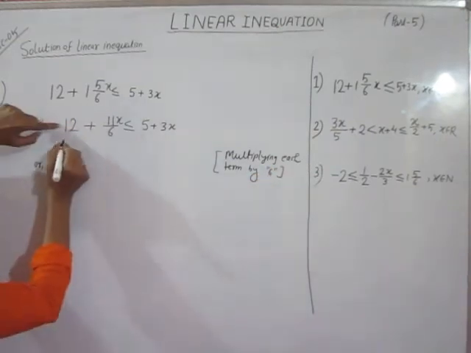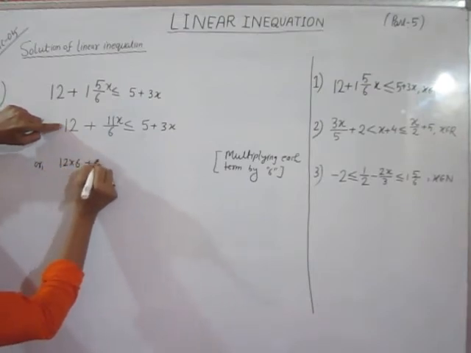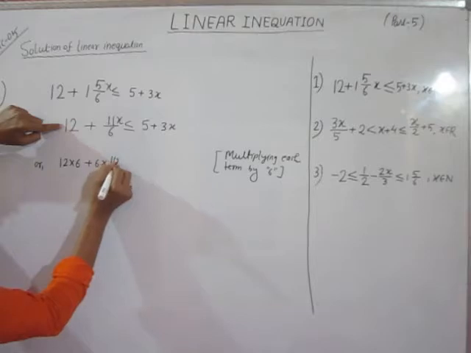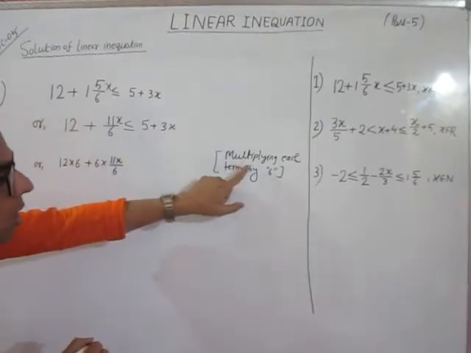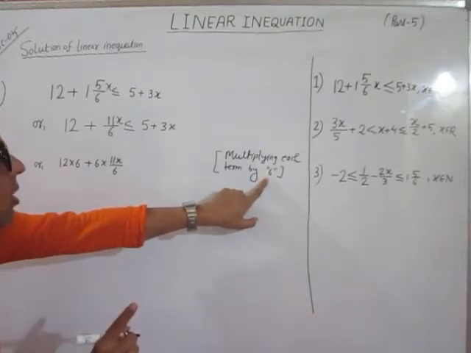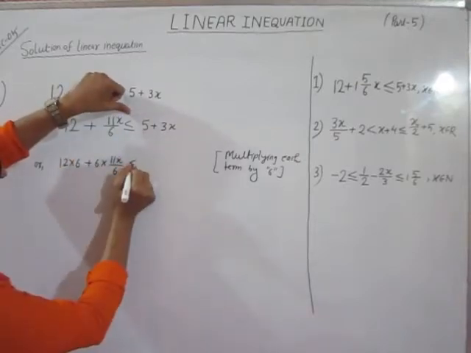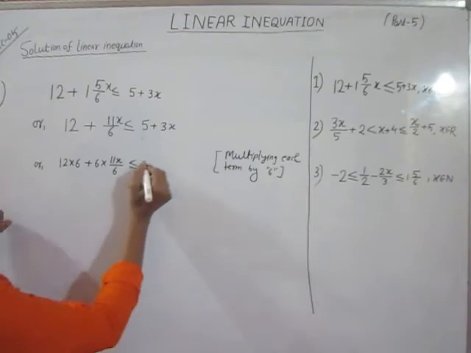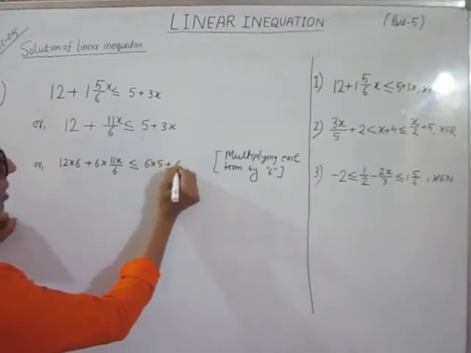So it will be 12 into 6 plus 6 into 11x by 6. Now since we are multiplying both sides by a positive number, according to the rule the sign of inequality will not change. So it will remain the same, less than or equal to, 6 into 5 plus 6 into 3x.